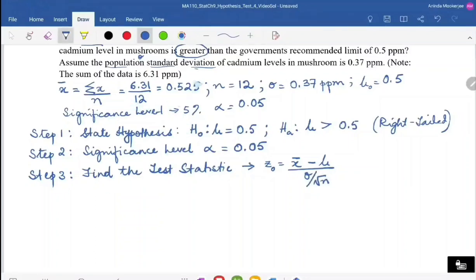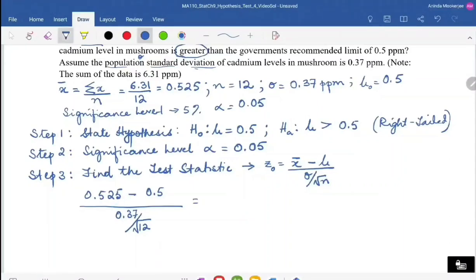So this is our x bar, 0.525. Now you have to show that you have plugged in the values correctly. And then mu is the null hypothesis mean, so that's 0.5, divided by sigma, which is 0.37, divided by the square root of n, which is 12. Now we can use our calculators to calculate this.